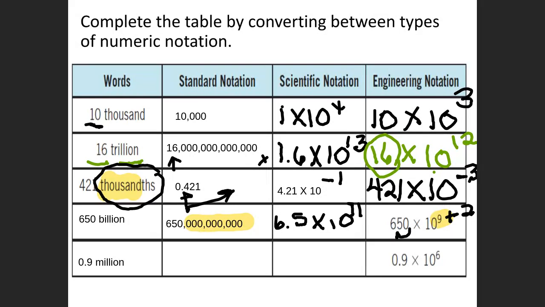Now, this is going to give me 900,000. See that decimal in front of the 9? 0.9 times 1,000,000 is going to give me 900,000. And my scientific notation, very different. This is going to be 9 times 10 to the 5th power. 5 zeros.